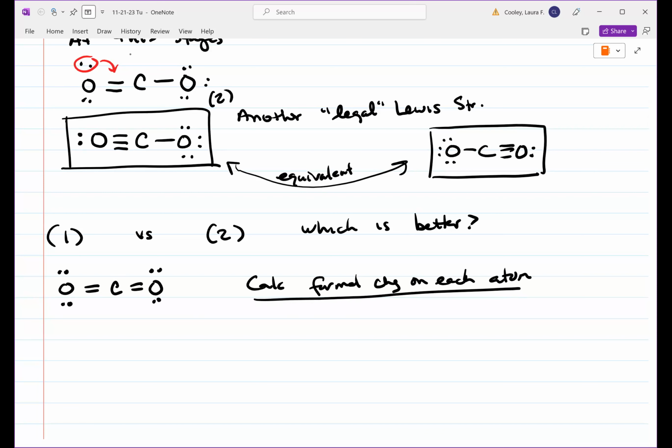Remember, the lone pairs go with the atom that they're on. So we're counting up the electrons on each of these atoms, and then we're going to compare it to the valence electrons. If it has more electrons than the valence electrons, then we're going to say it has a negative charge. If it has fewer electrons, it's going to have a positive charge.